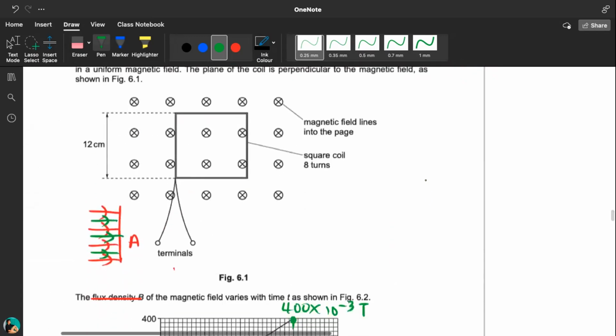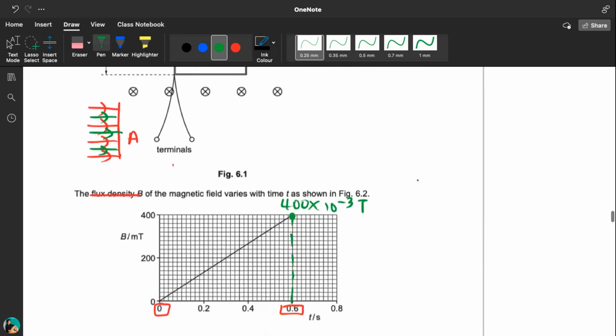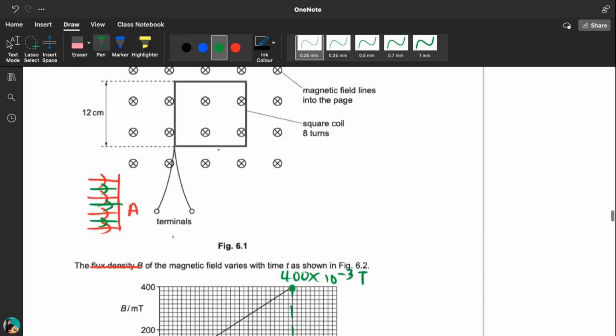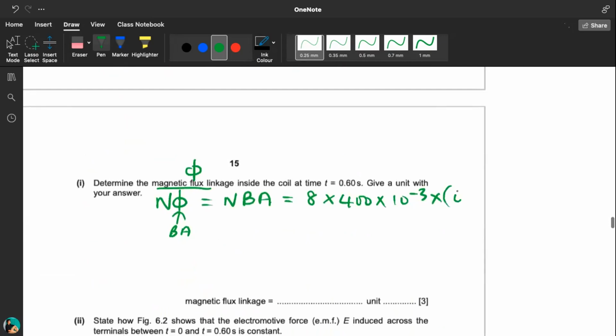What's the area? Oh yeah, the length is 12 cm. So 0.12 times 0.12. Answer 0.046, unit Weber, Wb.